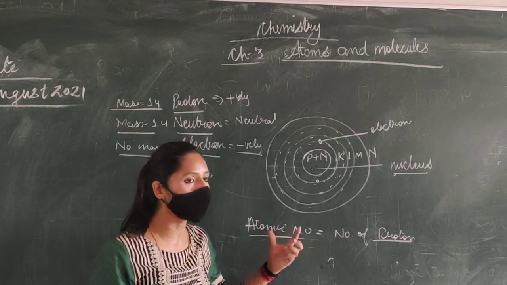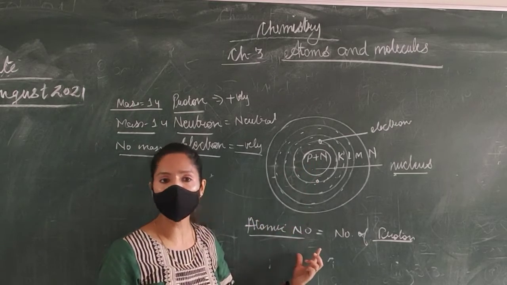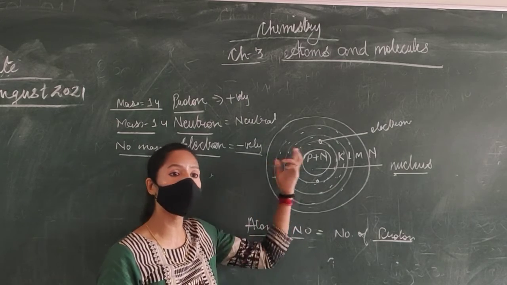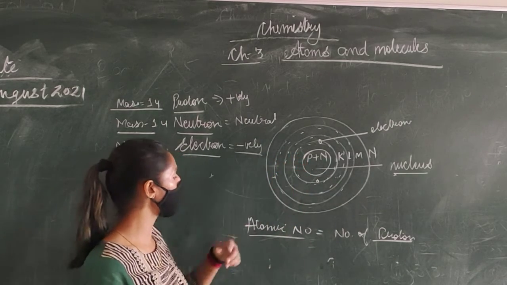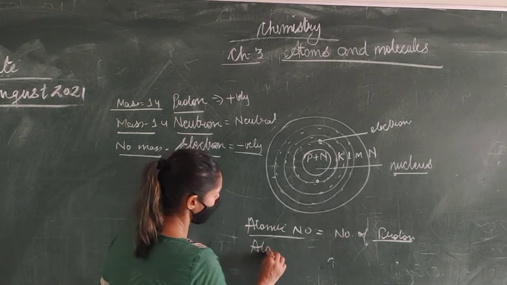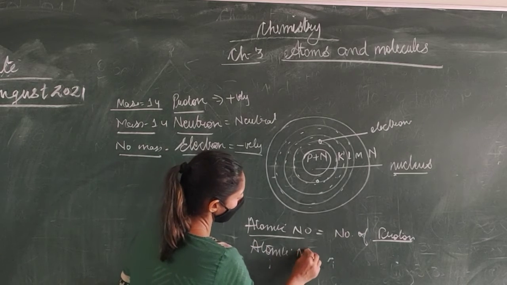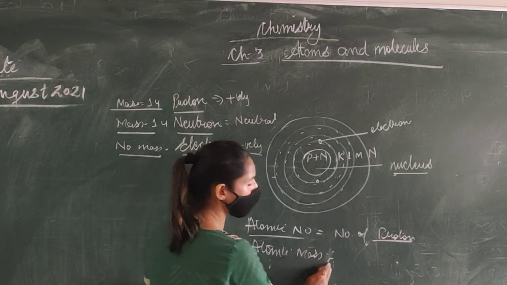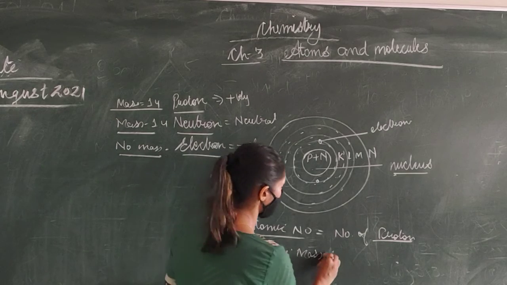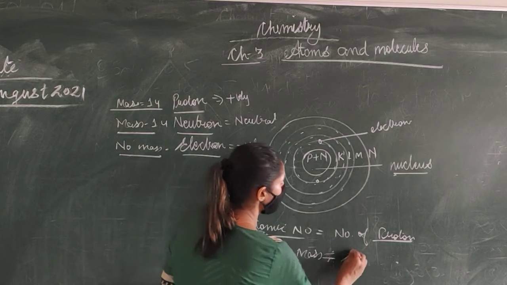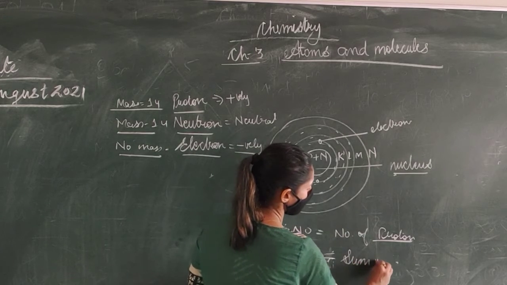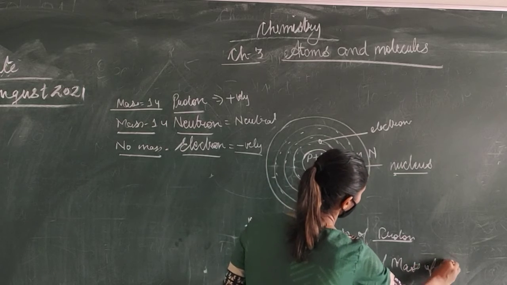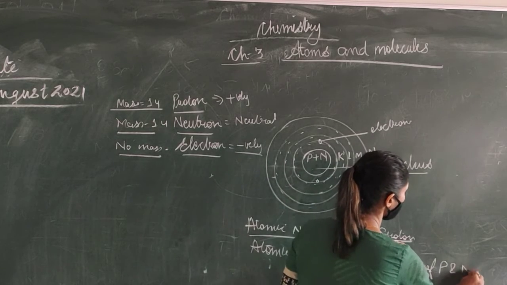So when we talk about the atomic mass of an atom, what is the mass of an atom? The atomic mass, we don't have to write atom again with this, is the sum of the mass of proton and neutron.